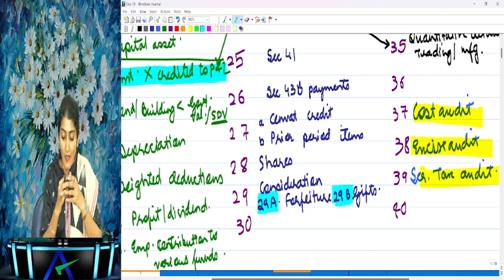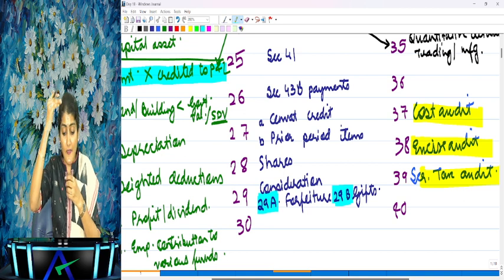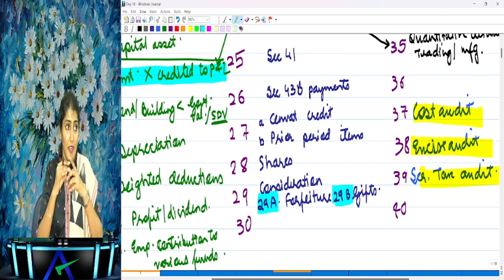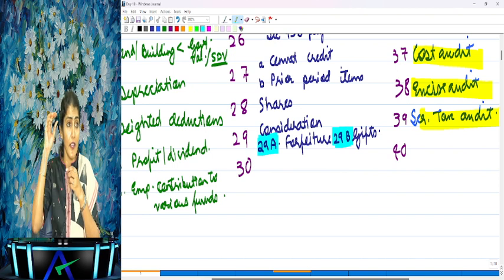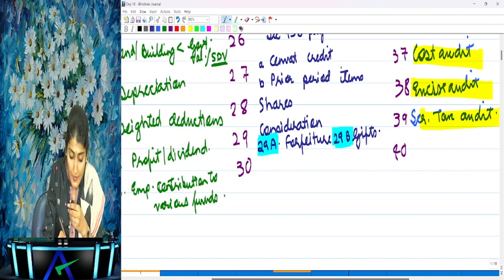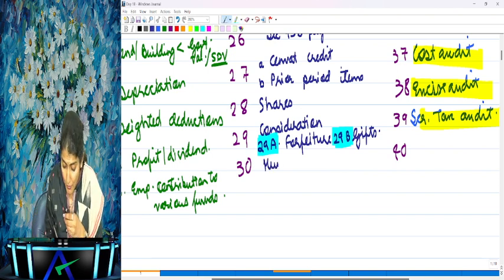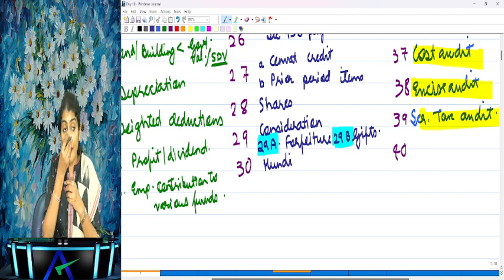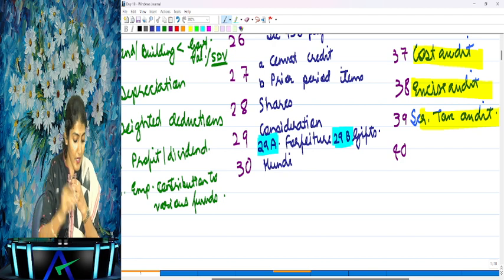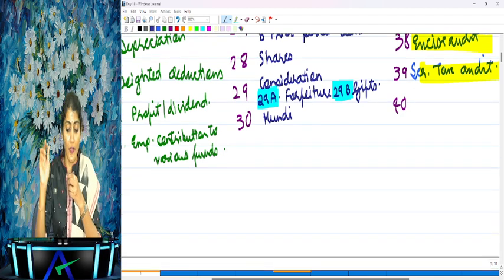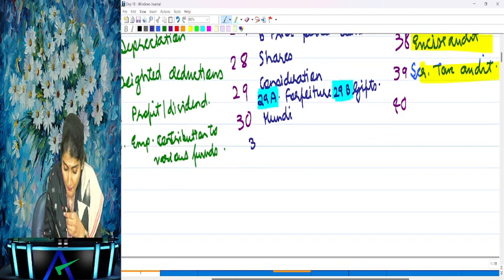Yeah. Right. So 29 is the consideration, 29A is regarding the forfeiture and 29B is regarding the gifts received. Right. Then 30 is regarding the amount borrowed on any hundi other than by account payee cheque or account payee draft. And now here we have the 30A, the 30B and the 30C.